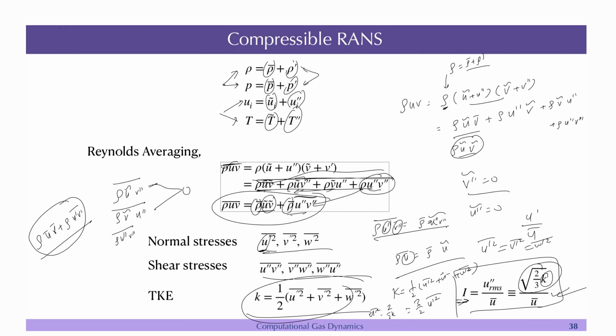So, now we have only these two terms. The task is to now get u double prime v double prime tilde rho bar. This is my Reynolds stress, and you can use a similar argument like we had for the k epsilon model, that it is related to the turbulence kinetic energy and the dissipation rate, and you can get that.